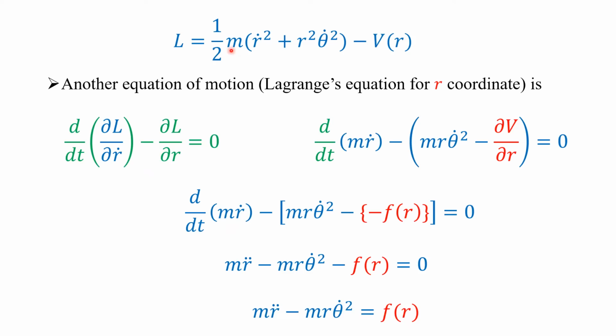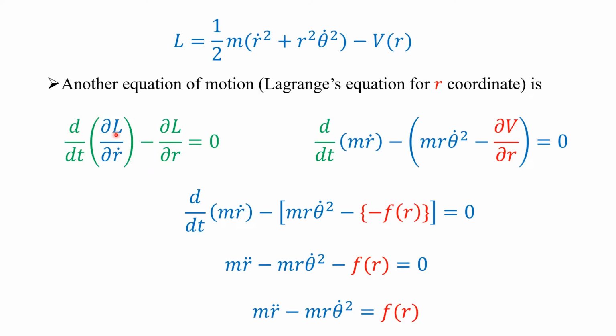Just now we have seen the equation of motion based on theta dot. Now we are going to see another equation of motion, which depends on the r coordinate. That is, the Lagrange equation for the r coordinate is d by dt of delta L over delta r dot minus delta L over delta r, which is equal to 0.